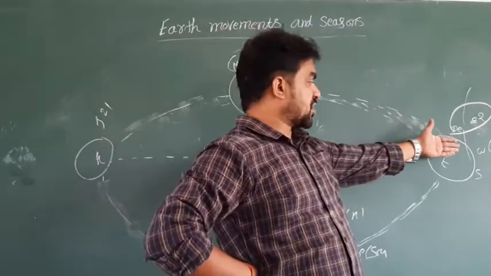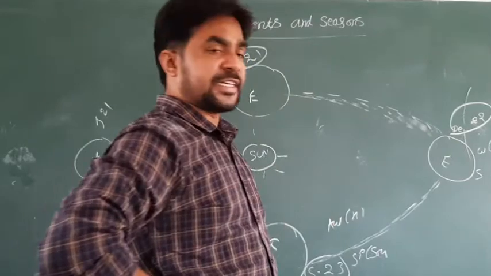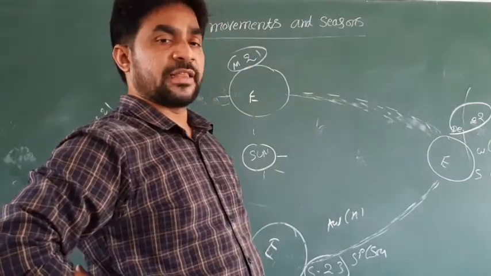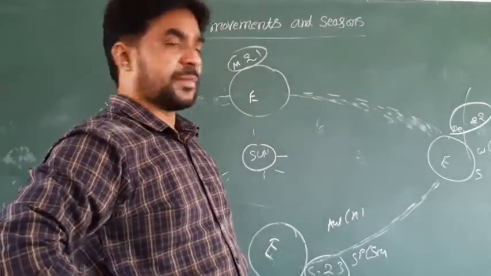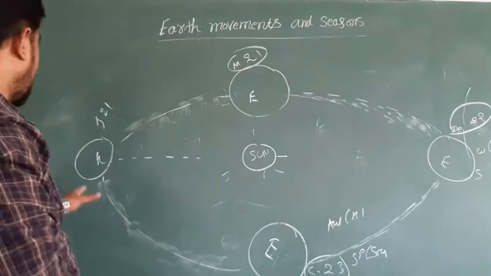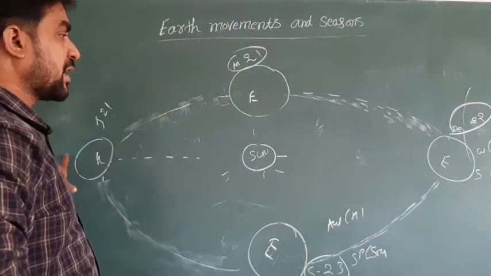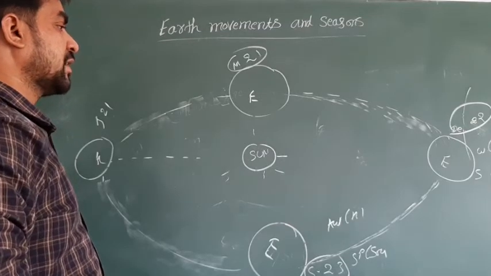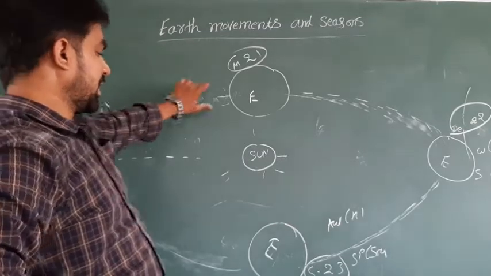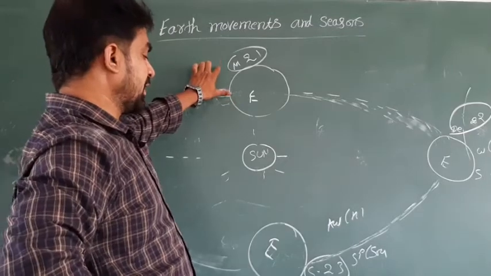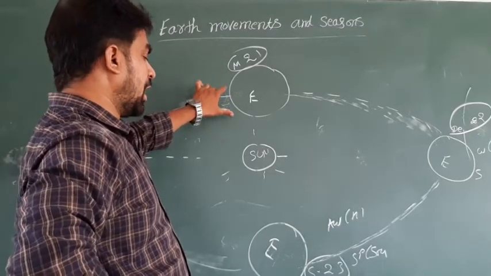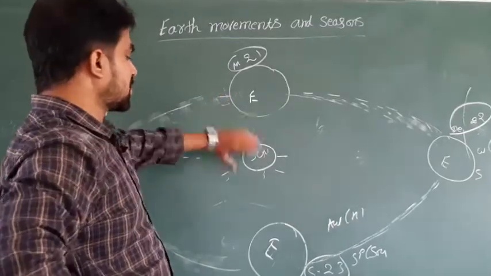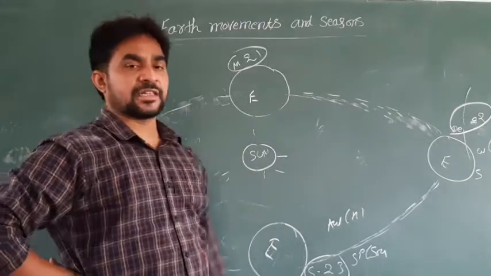Here in this region, winter in the north, summer in the south. Here also summer in the north, and winter in the south. Here also spring in the north, autumn in the south. That's quite opposite between the north and south.